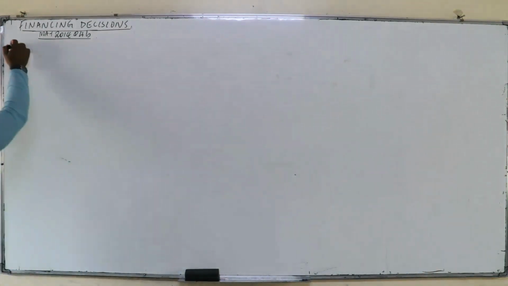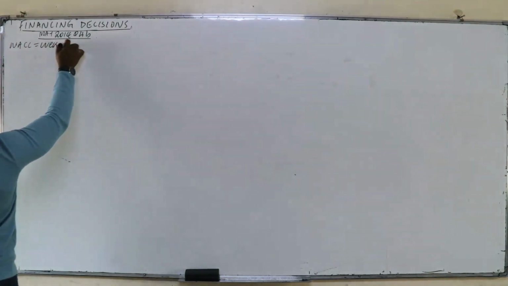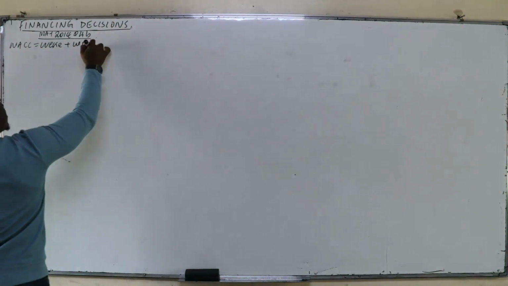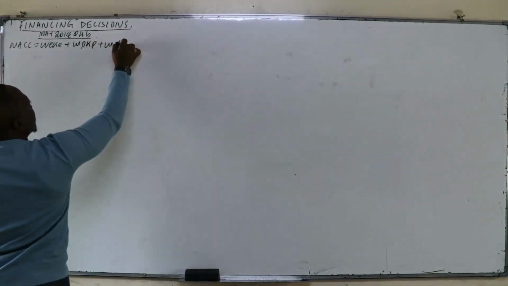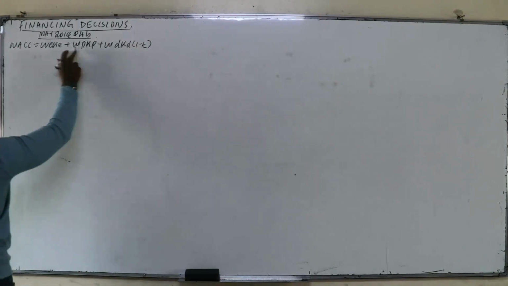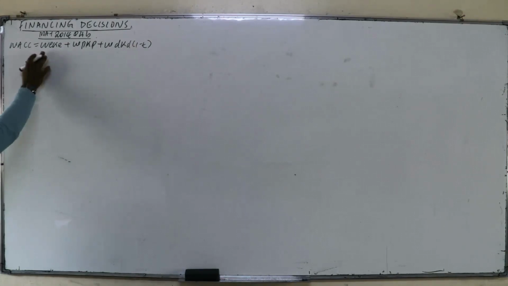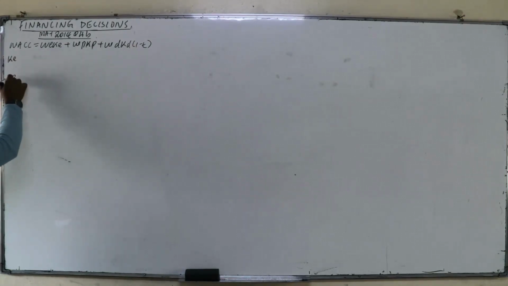Compute WACC. How do you get the WACC? The weight of equity times cost of equity, weight of preference times cost of preference, weight of the debt times cost of the debt, times 1 minus T. So first of all, determine the weights or costs. First of all, get the cost of equity, the cost of preference, and the cost of the debt.